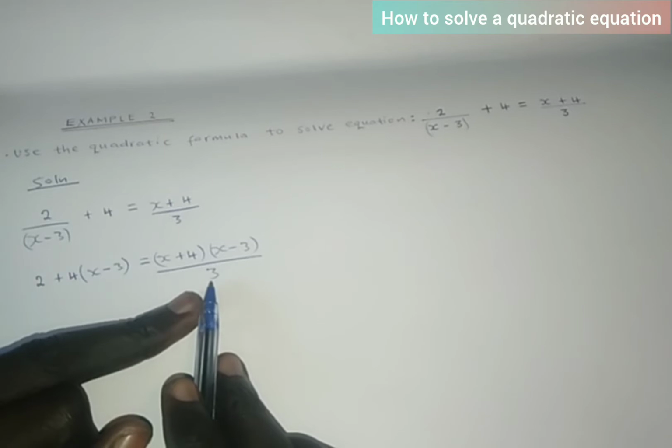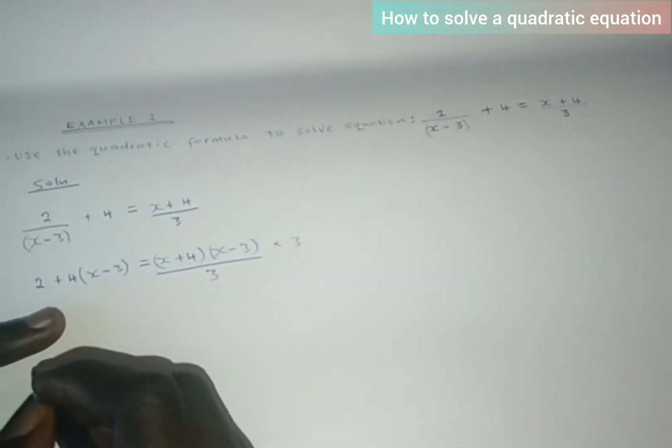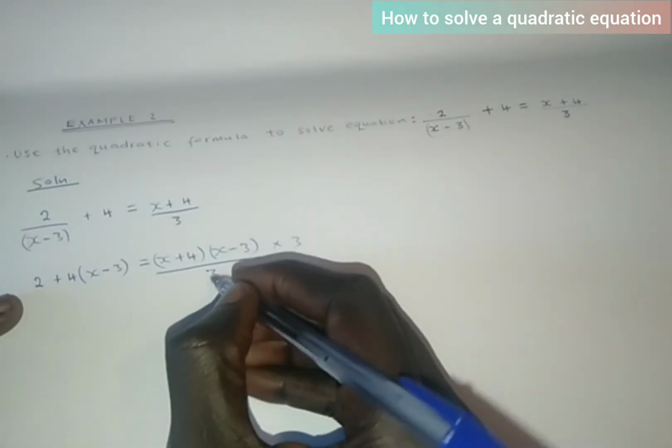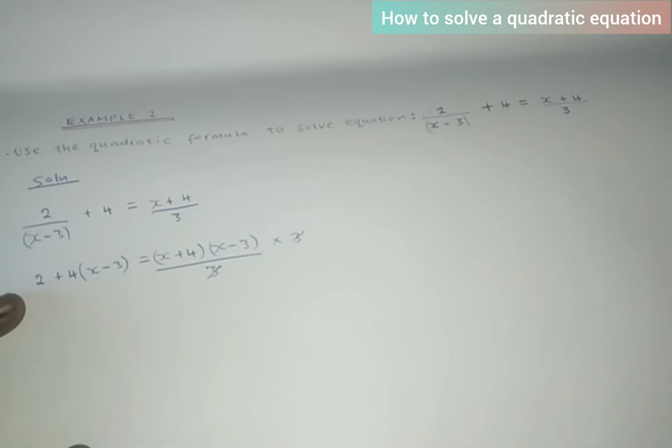So again we multiply it everywhere by 3, then this one by 3, then this one by 3. So 3 will cancel on that side.